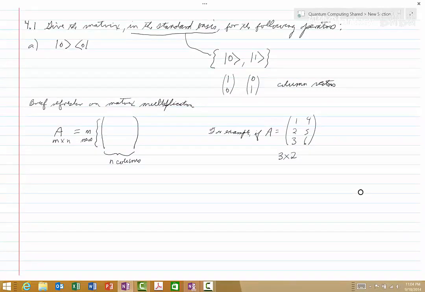Now, for matrix multiplication, let's suppose A is an M by N matrix and B is a P by Q matrix.